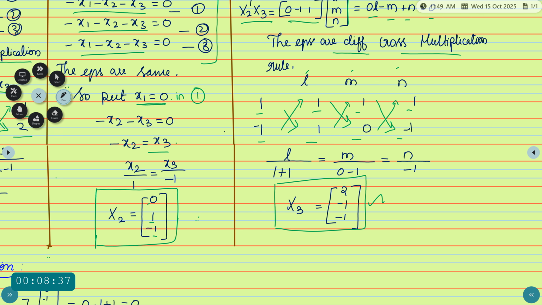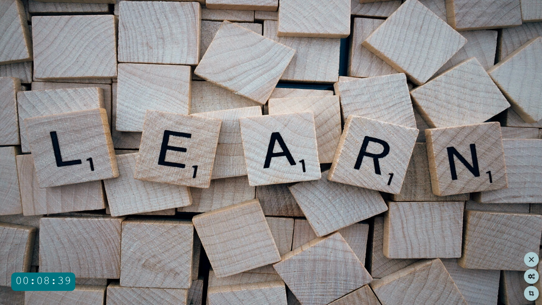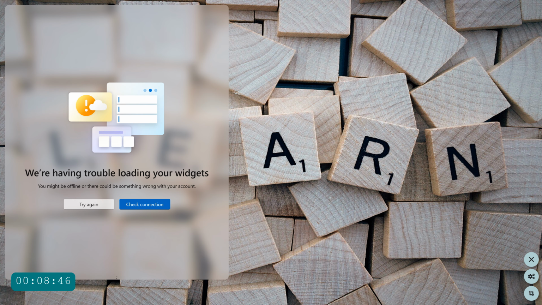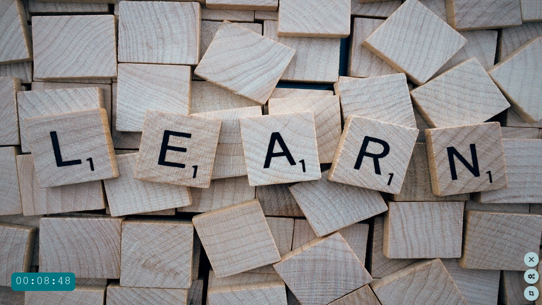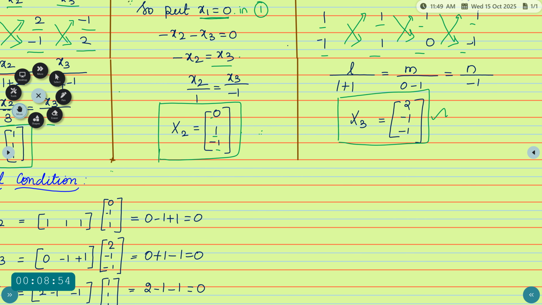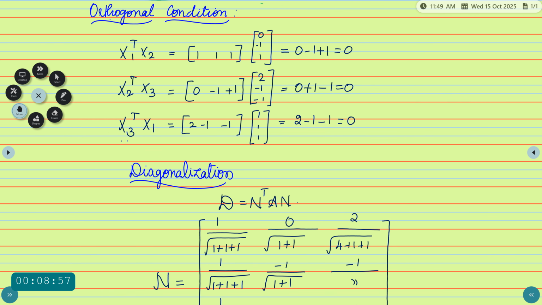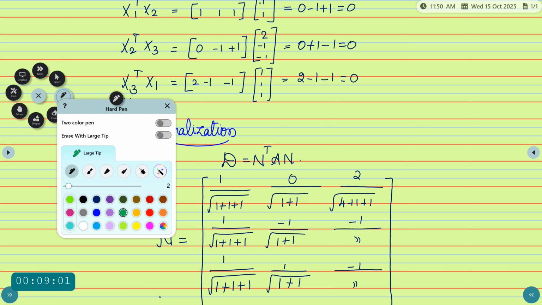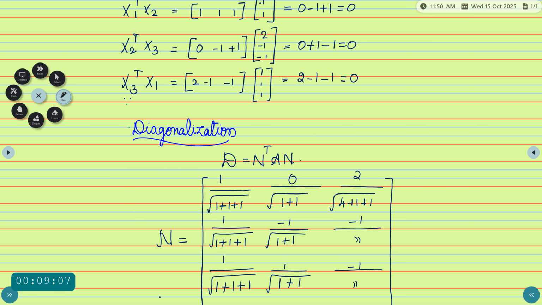Next, we are going to check the orthogonal condition. What is the orthogonal condition? x1 transpose x2 equal to 0, x2 transpose x3 equal to 0, and x3 transpose x1 equal to 0.